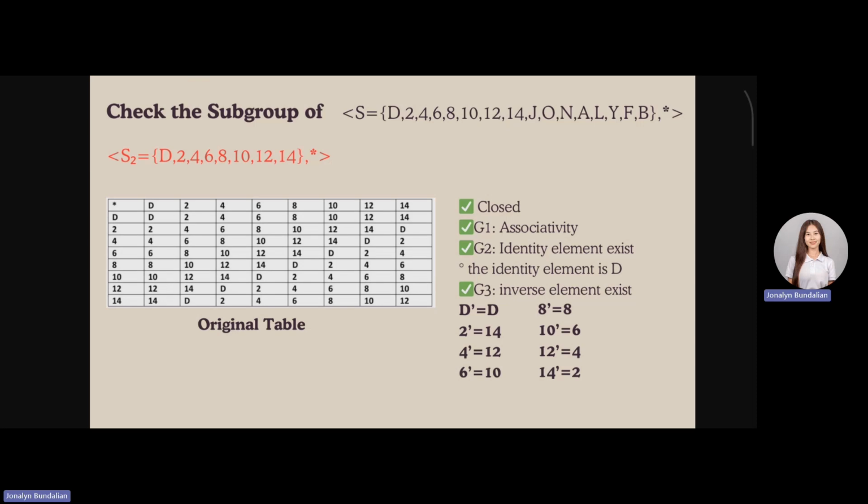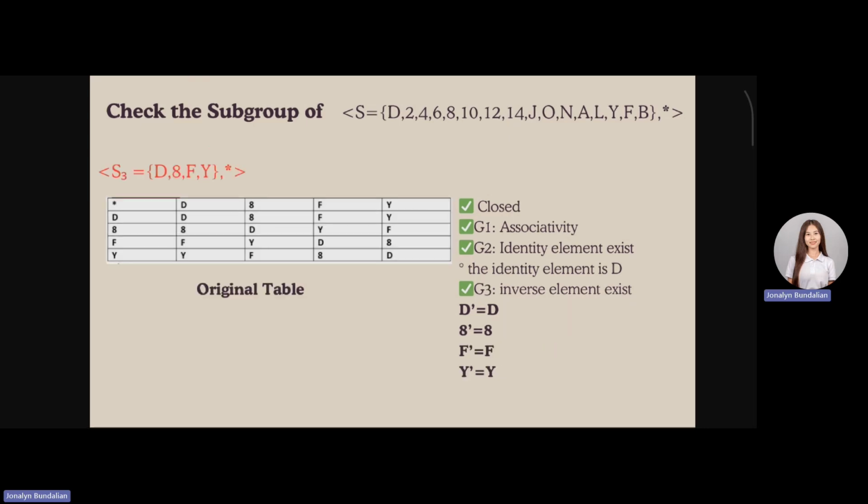The inverse elements are D inverse to D, 2 inverse to 14, 4 inverse to 12, 6 inverse to 10, 8 inverse to 8, 10 inverse to 6, 12 inverse to 4, and 14 inverse to 2.